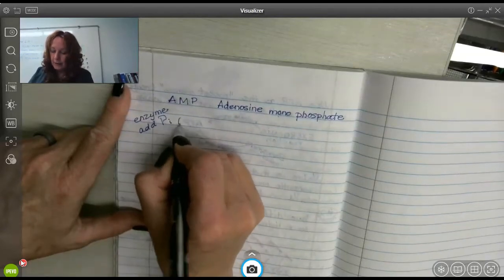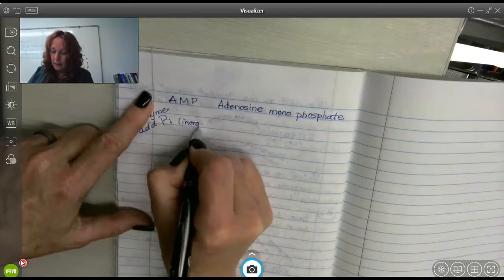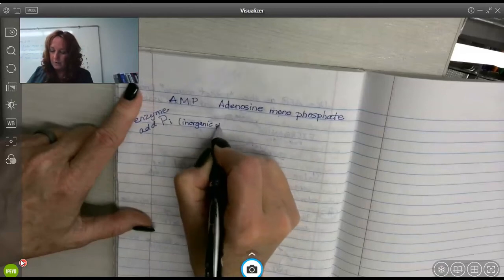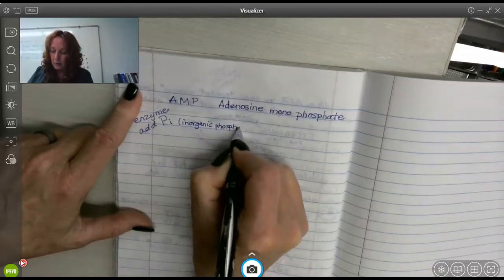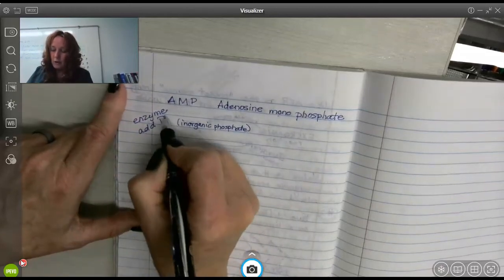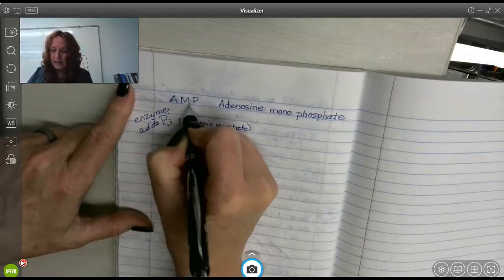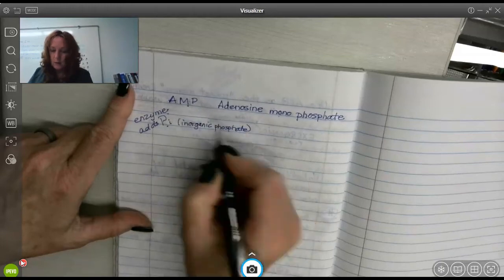This actually is called inorganic, which means I'm not attached to a carbon-based molecule. Phosphate, it's just a loose phosphate group. So the enzyme adds this phosphate to AMP.